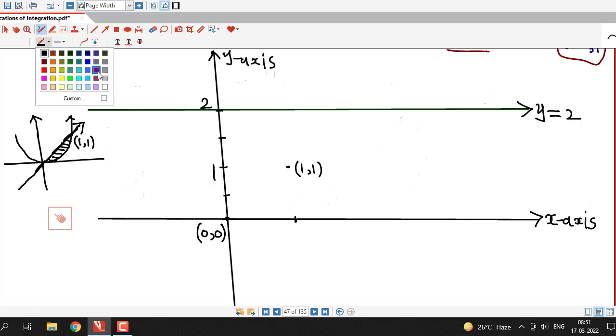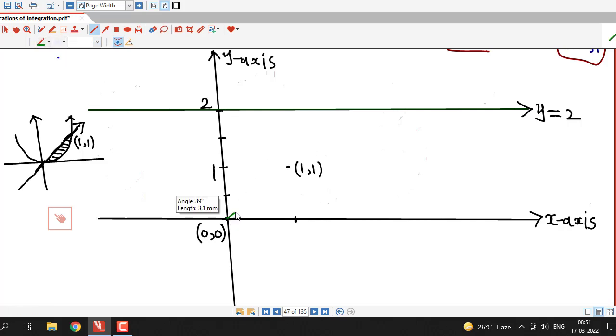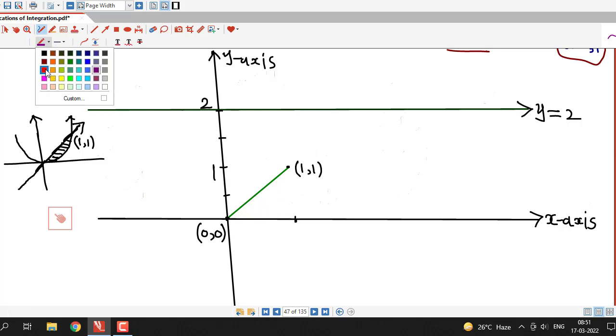Here we sketch that much portion only. We are not sketching the whole graphs. We consider the portion of the line between (0, 0) and (1, 1), and the portion of the parabola between (0, 0) and (1, 1). We just require a rough sketch.